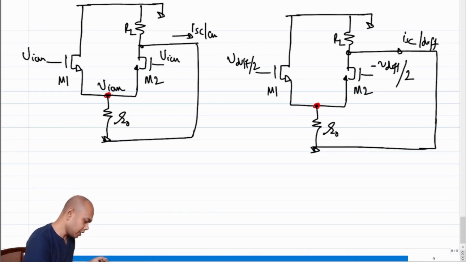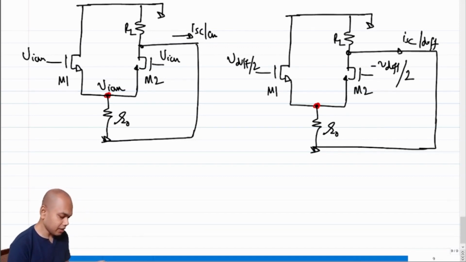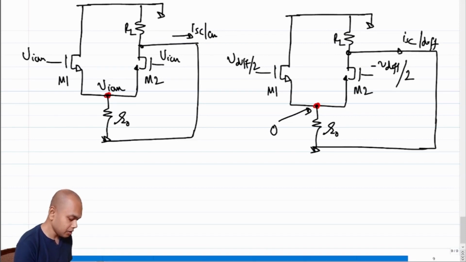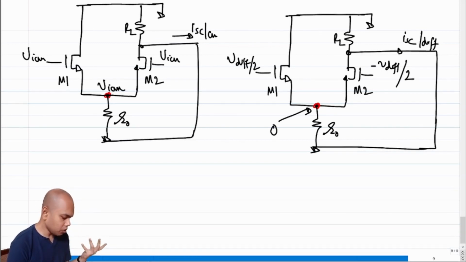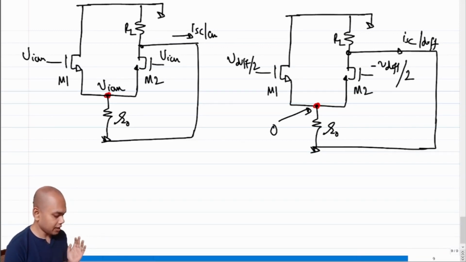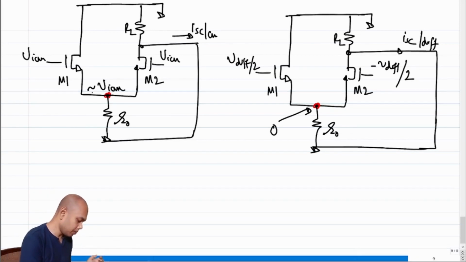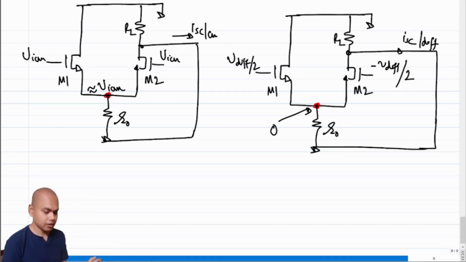Under differential condition, in the circuit on the right, what will be that node voltage? This we saw, and this voltage would have been 0, correct? So what is so novel about that? By the way, this is approximately, not exactly, right?